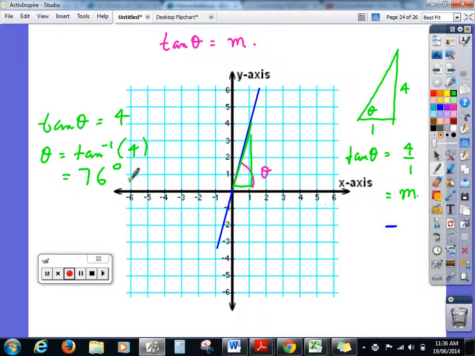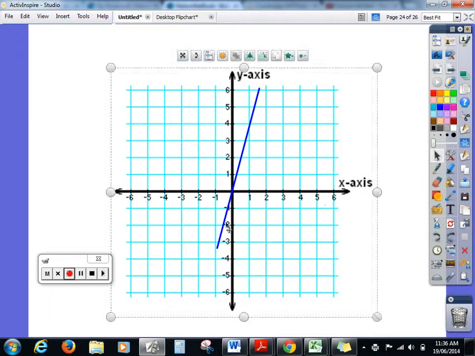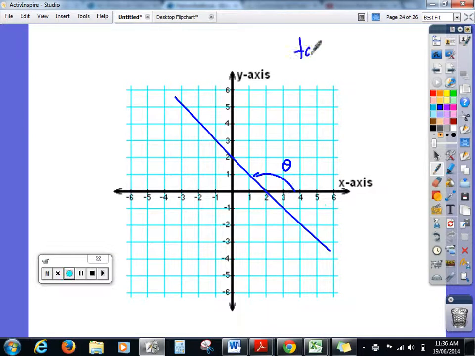If the line slopes backward, if we look at the previous annotations here, if the line sloped in this way, the angle would still be made with that direction there, so it would be an obtuse angle this time, and the tan of an obtuse angle is negative.